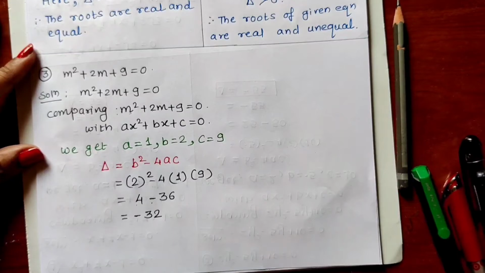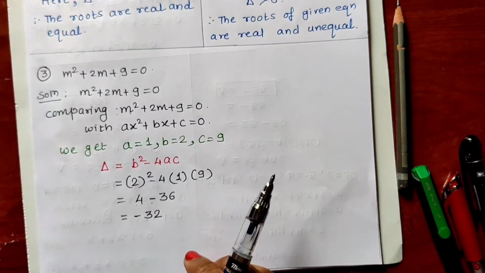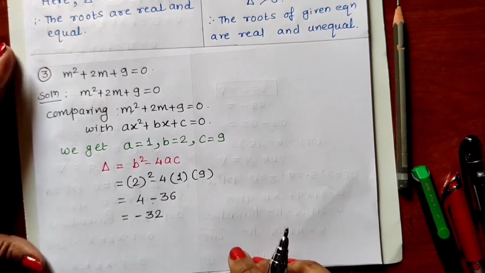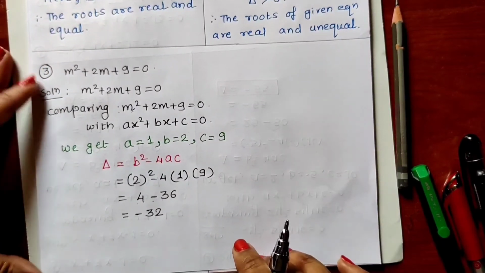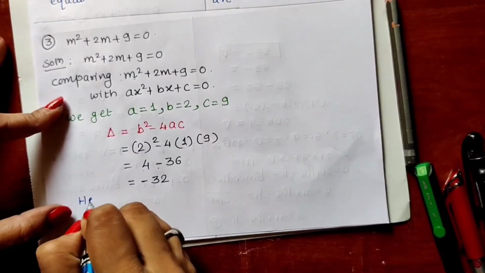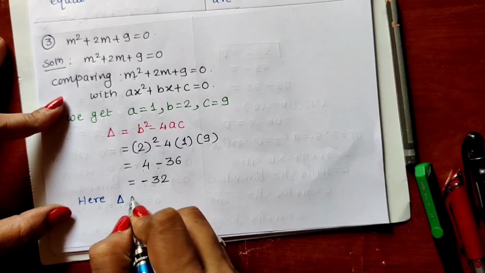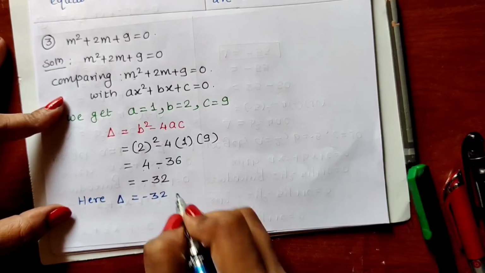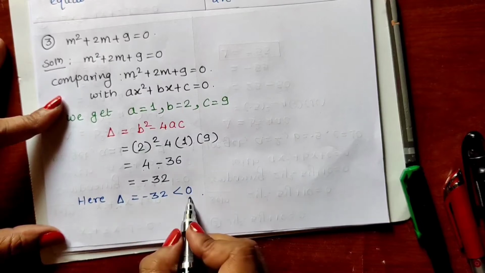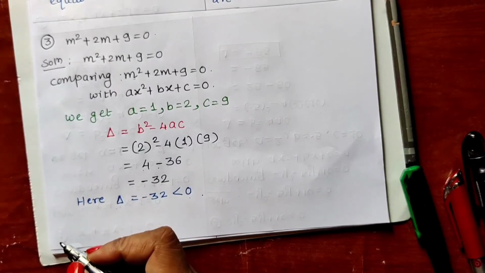Here we have got delta is equal to minus 32, which is less than 0. Correct. Negative values are always less than 0. Here delta is equal to minus 32 and minus 32 is less than 0. So when delta is less than 0, what is the nature of root?